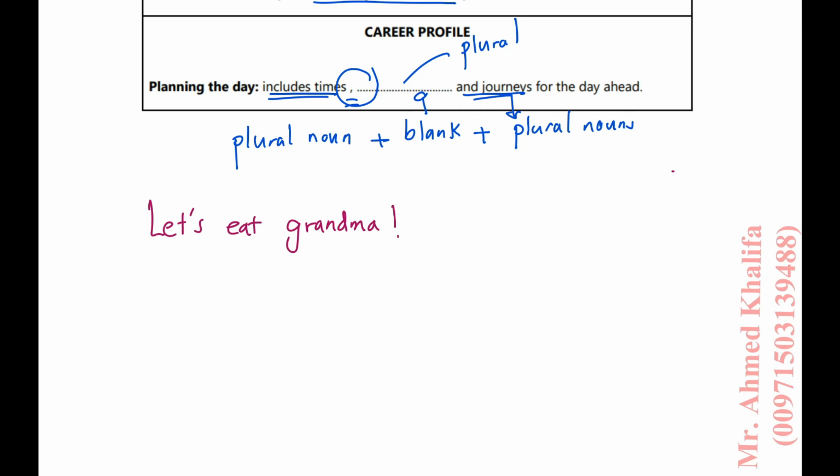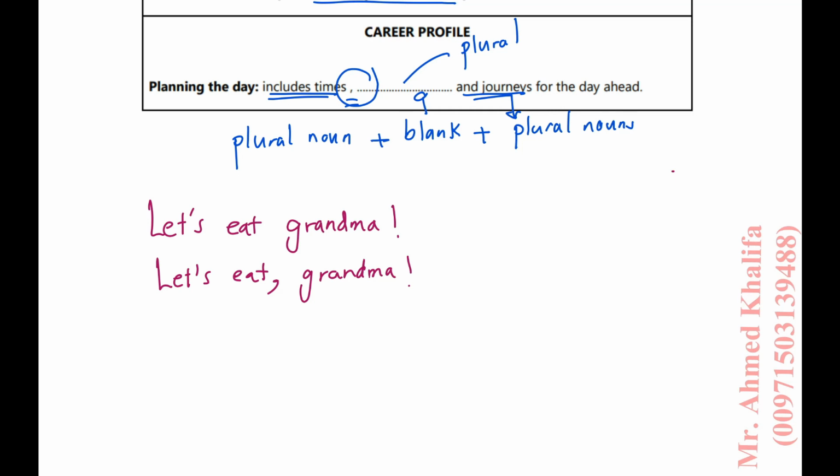And here, let's eat grandma. Do you understand now why the comma is a mighty punctuation mark? Do you understand now why Mr. Ahmed said it can save or kill a person? So please, next time you see a comma in an ESL listening question, pay extra attention.